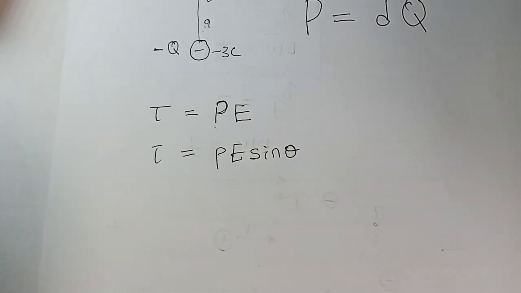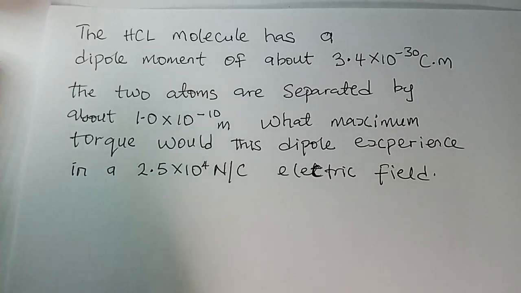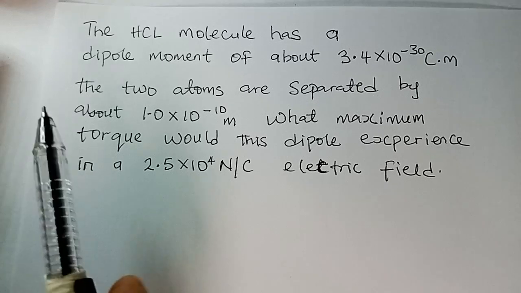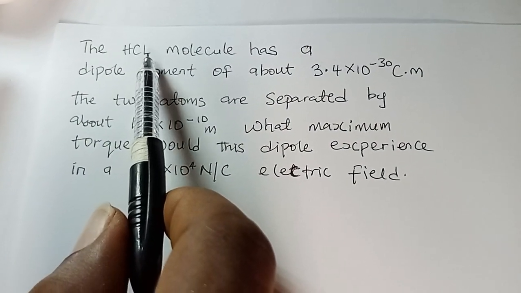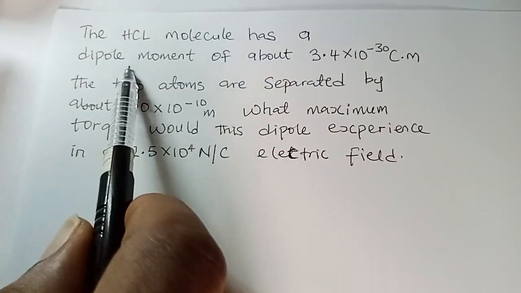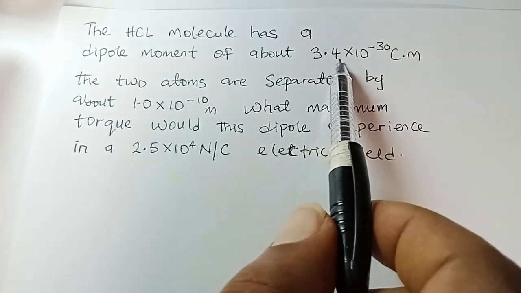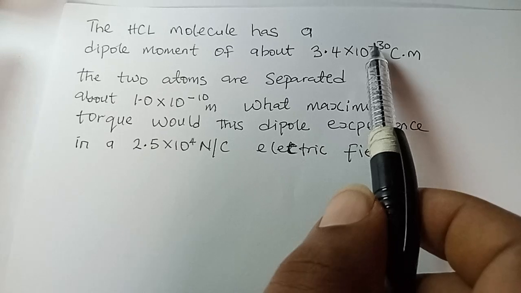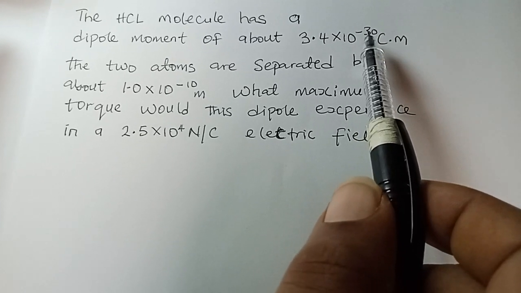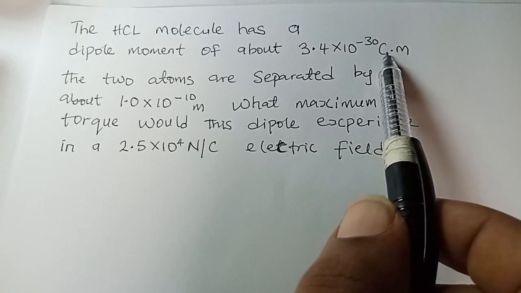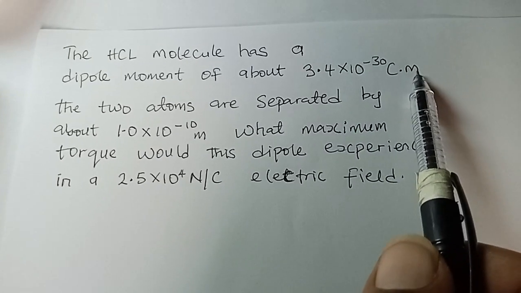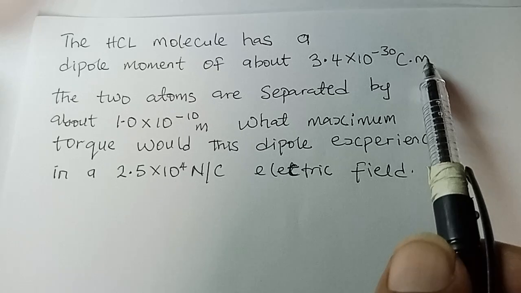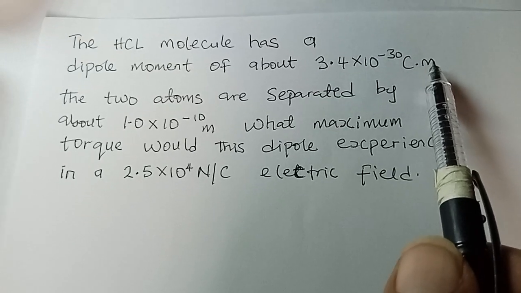Let's just touch one question based on torque. They say the HCl, hydrogen chloride molecule, has a dipole moment of about 3.4 times 10 raised to the power minus 30 C·m. This C·m is not centimeter, it's actually coulomb meter, which is the unit of dipole moment.